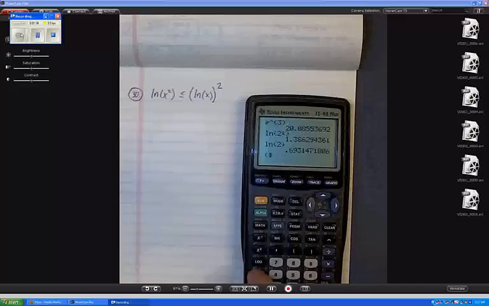If I type in natural log of 2 with an extra set of parentheses and square it, what's it going to do? It's going to square that 0.69 thing, right? Is it going to give me what's above? When you square 0.69, are you going to get that 1.38?